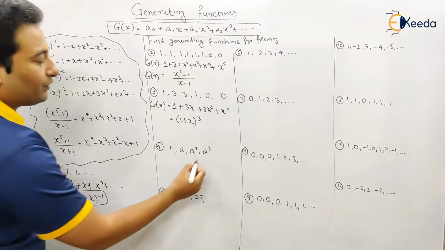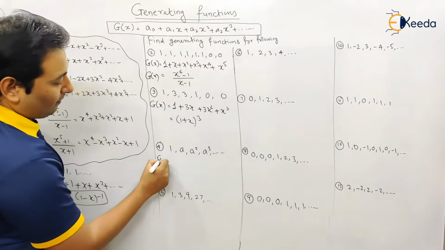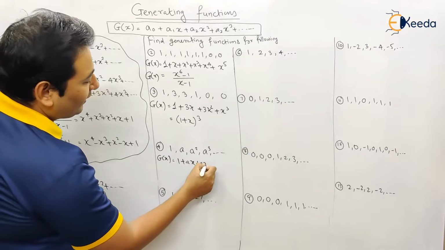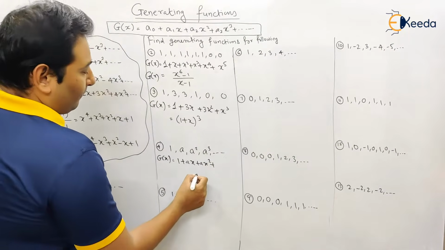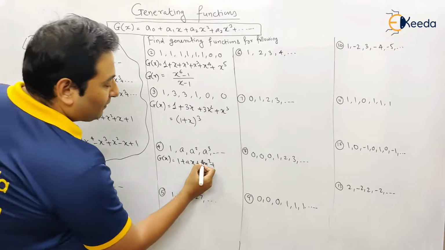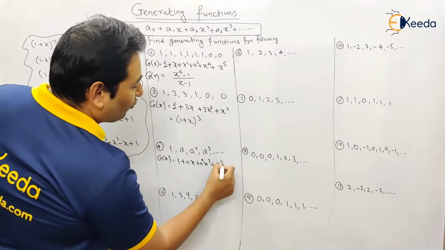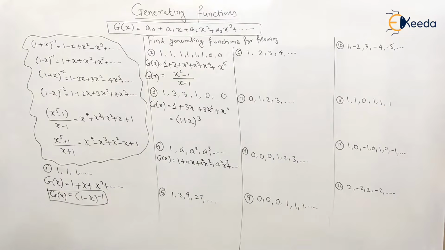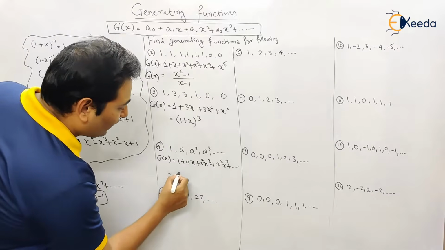Let us move on. This is dot dot dot. 1 plus ax plus a square x square plus a cube x cube plus dot dot dot. Now please tell me what will be the generating function for this series.